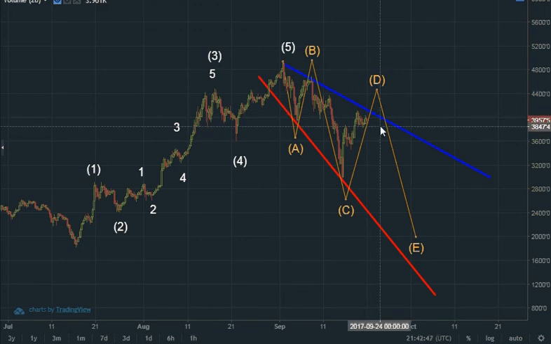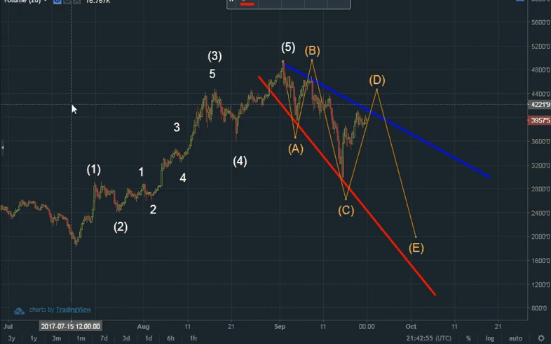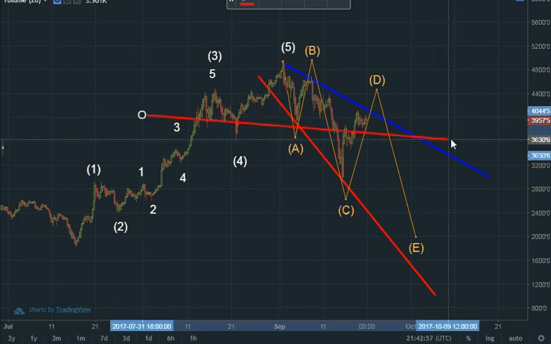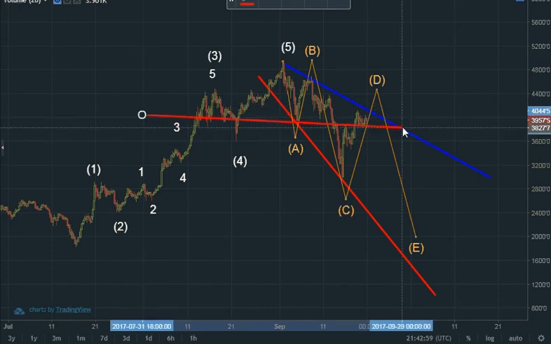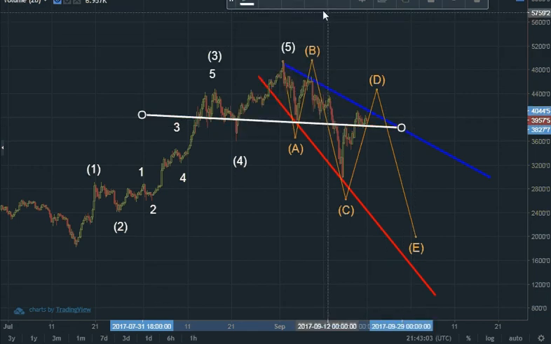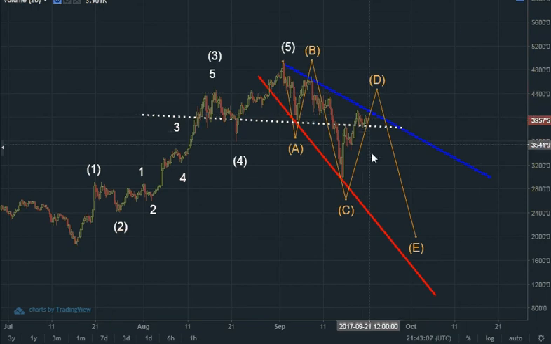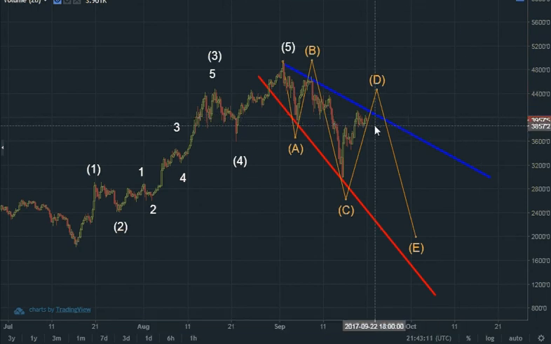I'm still ready to start putting in my trailing stops if prices fall and break this support line. Okay? Because that means it's once again game time for the bears.